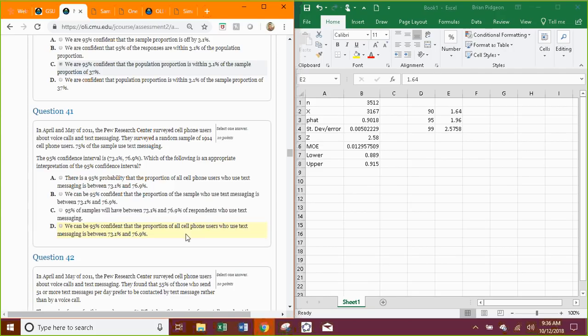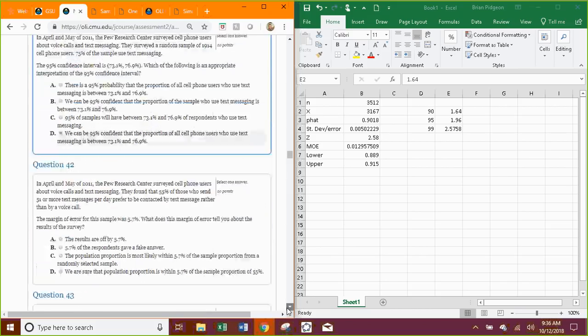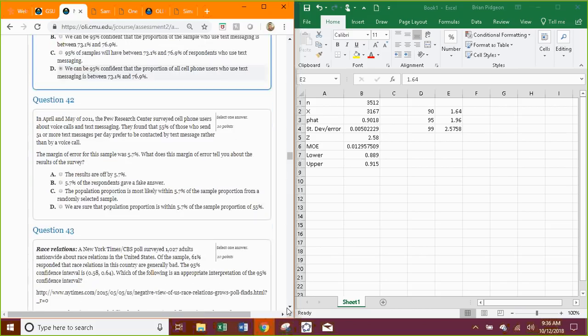So, we can be 95% confident that the proportion of all cell phone users who use text messages is between 73.1 and 76.9. There isn't a 95% probability. It's not about the sample. We're generalizing and using the confidence interval to estimate the proportion of all cell phone users. So just be careful.